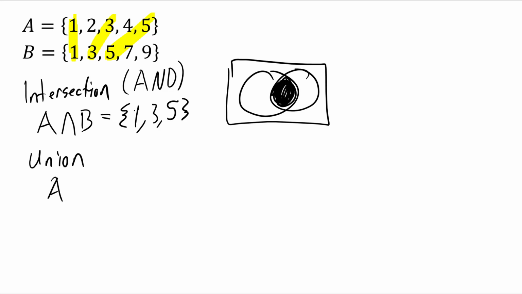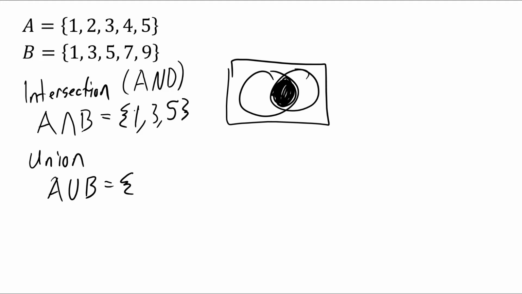A union B, where the union symbol kind of looks like a U. Union is just all of the elements put together: all of the elements in A together with all of the elements in B. It doesn't matter whether they're in A or in B or in both. We're just going to list literally every element that is in either of those sets.